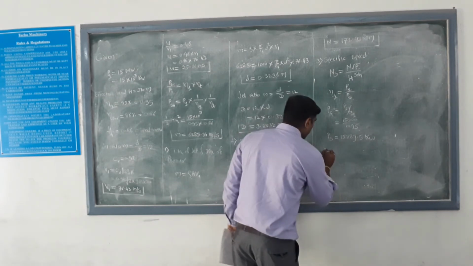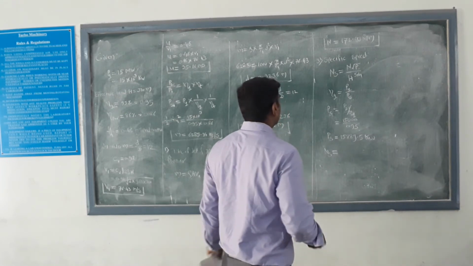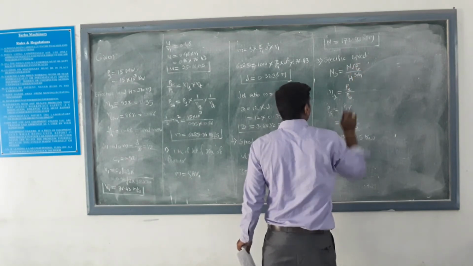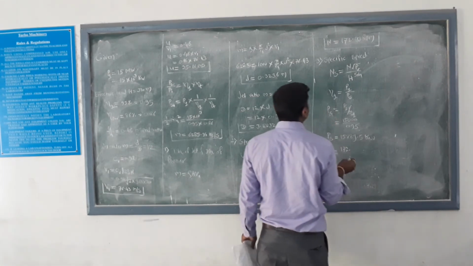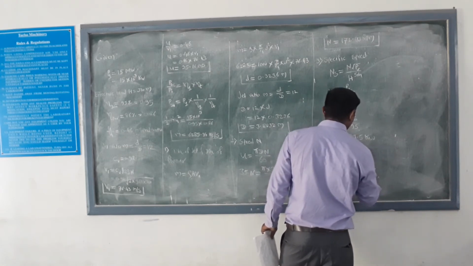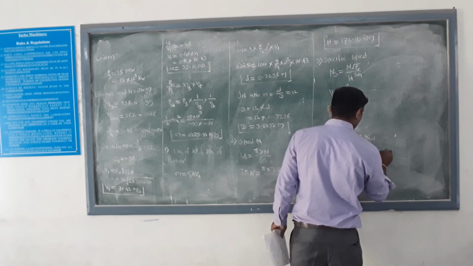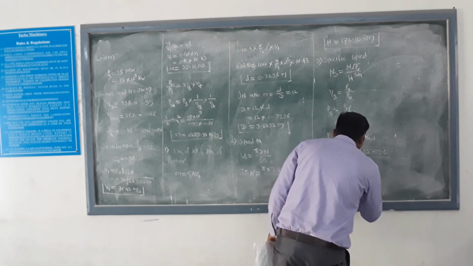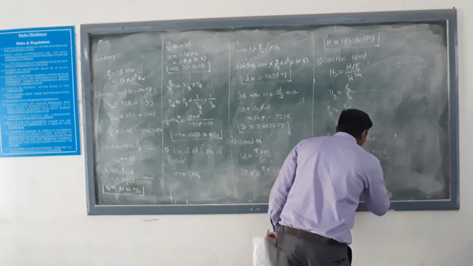So Ns equal to N under root of Ps upon H raised to 5 by 4. We know N, 172.93, under root of Ps, 15789.5, upon 310 raised to 5 by 4.